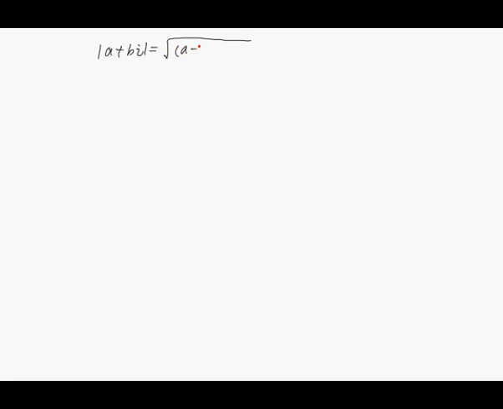So you have the square root of (a minus 0) squared plus (b minus 0) squared, and then you get the square root of a squared plus b squared. Generally, we use r for it. And this absolute value is called the modulus of the complex number a plus bi.